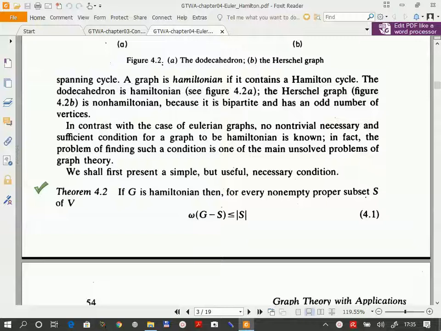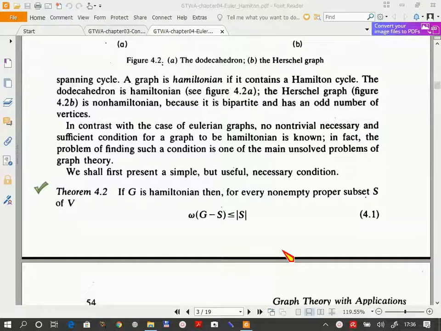There is nothing like that for Hamilton cycles. We don't have such a theorem so far. We have some interesting necessary or sufficient conditions, also one which is necessary and sufficient, but you'll see it is not so good.